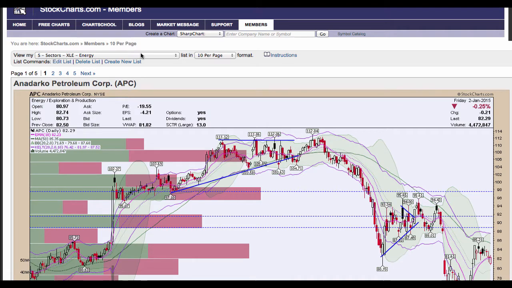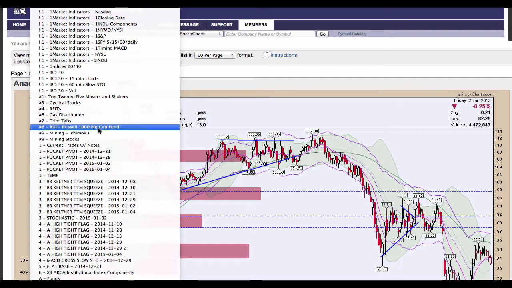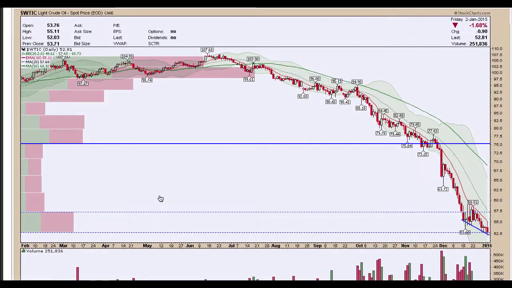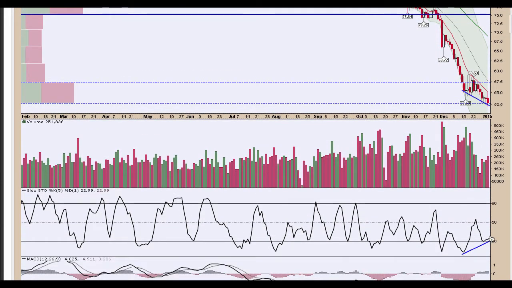Let's take a look at the divergence that I was pointing out on WTIC. You can see very readily that we put in lower prices while stochastics gave us a bullish divergence, with a higher low in December of 2015.